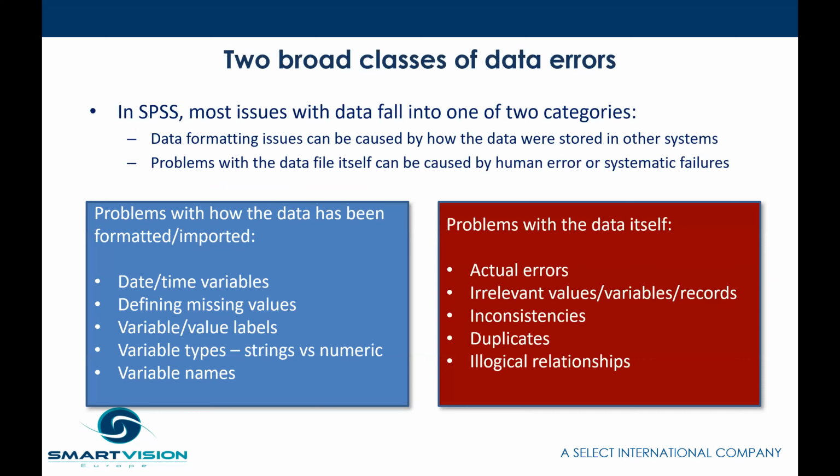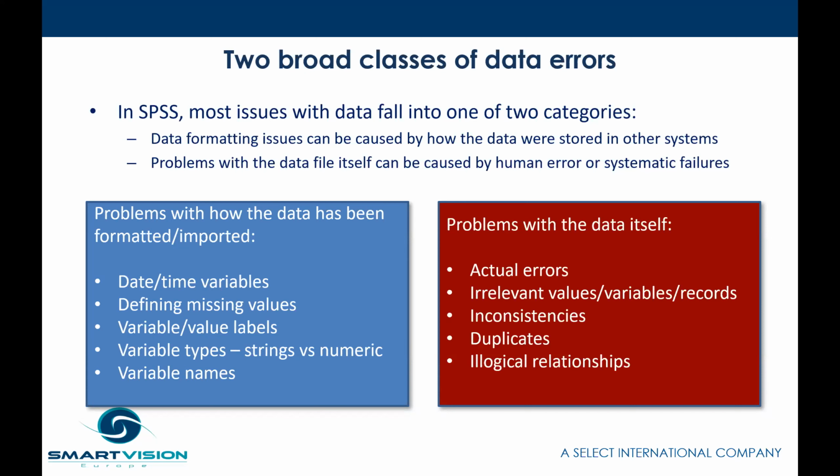So I would say that there are two broad classes of errors or problems in data. One is formatting. Formatting issues can be caused by how the data were stored in other systems. So the way in which, as I said, one system stores a date field is not the same way in which another system stores a date field. And the other issue is problems with the data file itself, which can be caused by human error or systematic or systemic failures.